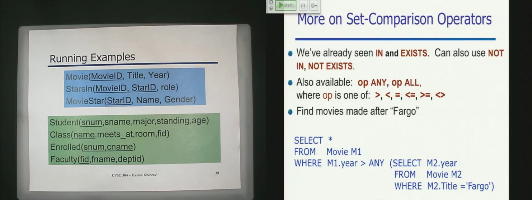If you do ANY, then it's going to return any movie that was done after 1970, because now my set has two values, 1970 and 1990, and I want it to be bigger than any of those. If I use the ALL operator, then I want movies that are after 1990.